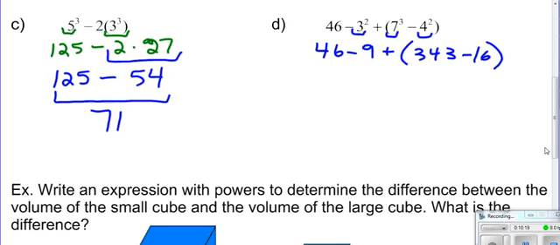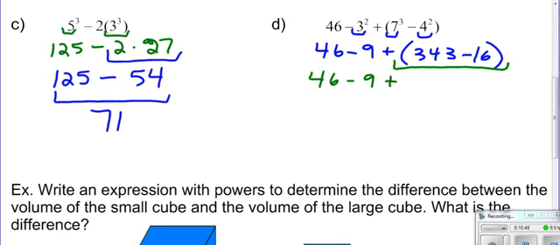Next thing we have to do is we have a set of brackets. But if you notice, the only operations that are going on are adding and subtracting. So if we solve the brackets first, or if we work from left to right, it's not actually going to impact our solution. However, out of force of habit, we can keep solving using left to right, using our brackets first.